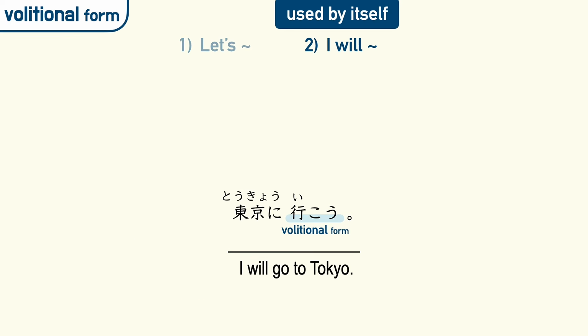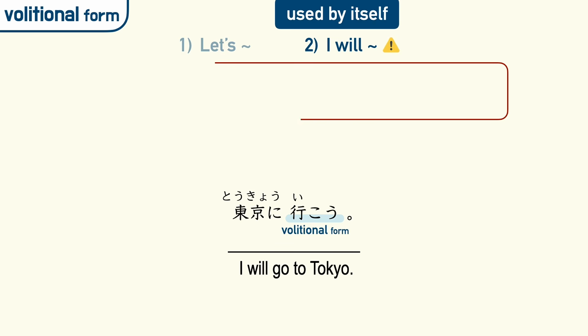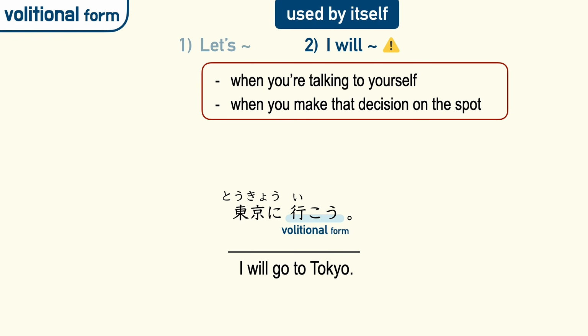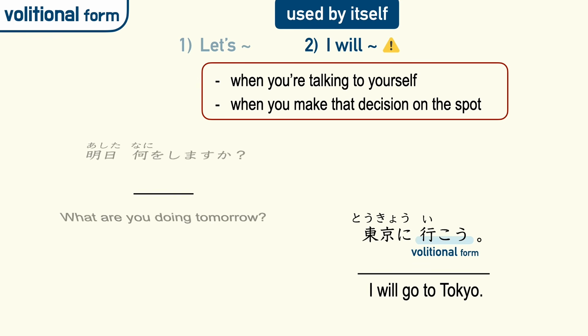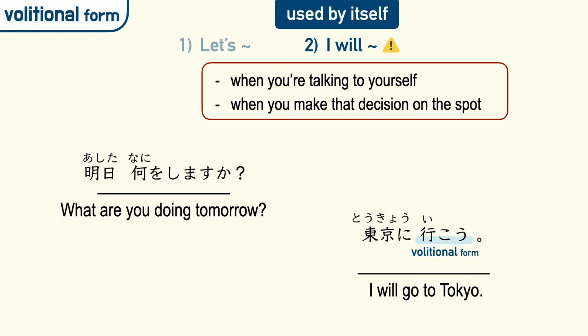So again, 東京へ行こう can mean I will go to Tokyo, but only in a certain context. It can mean I will instead of let's, only if you're talking to yourself or you made that decision on the spot. For example, if someone asks, 明日何をしますか? What are you doing tomorrow?